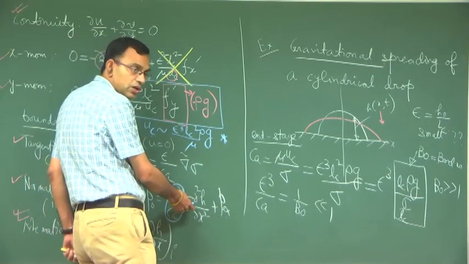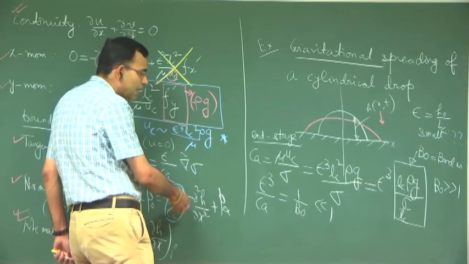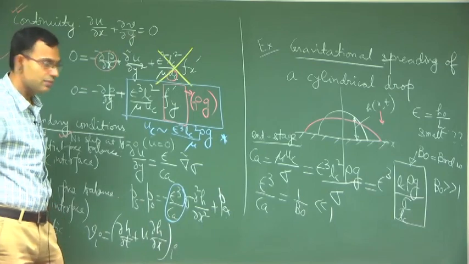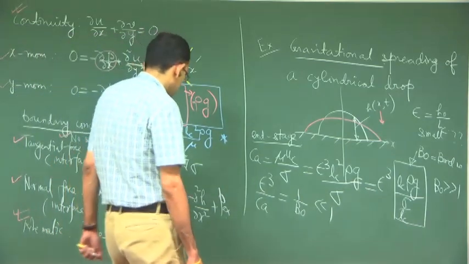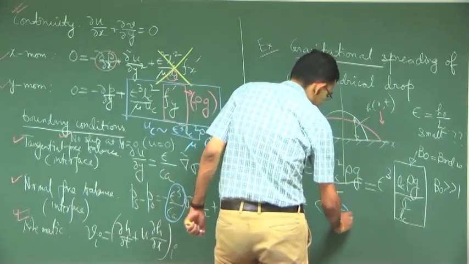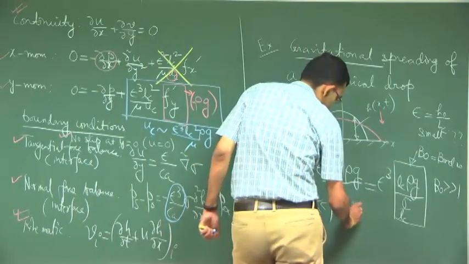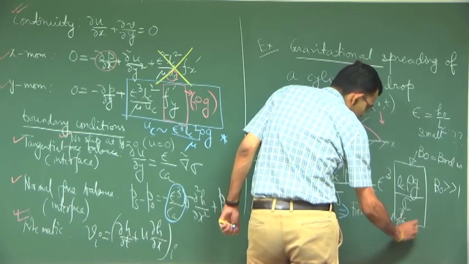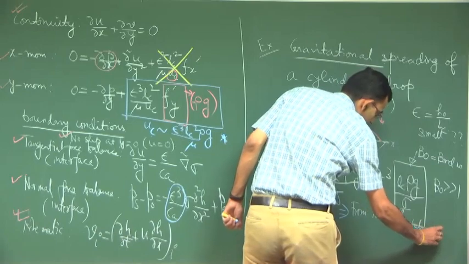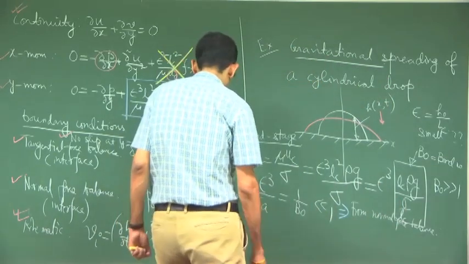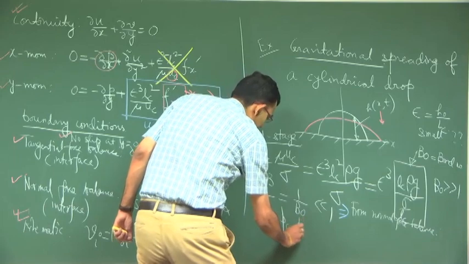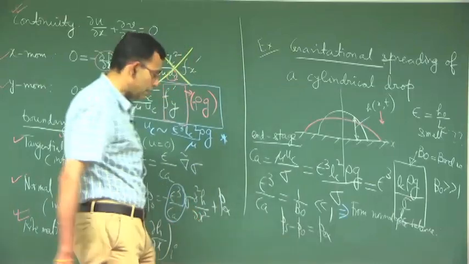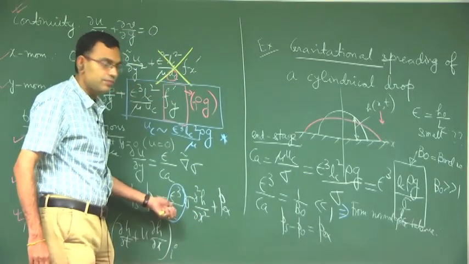So, this is also of the order of 1. This shows that this entire curvature term can be neglected in the normal force balance boundary condition. So, this shows that from normal force balance you have Ps minus P0 is equal to Pex. The curvature term is negligible.